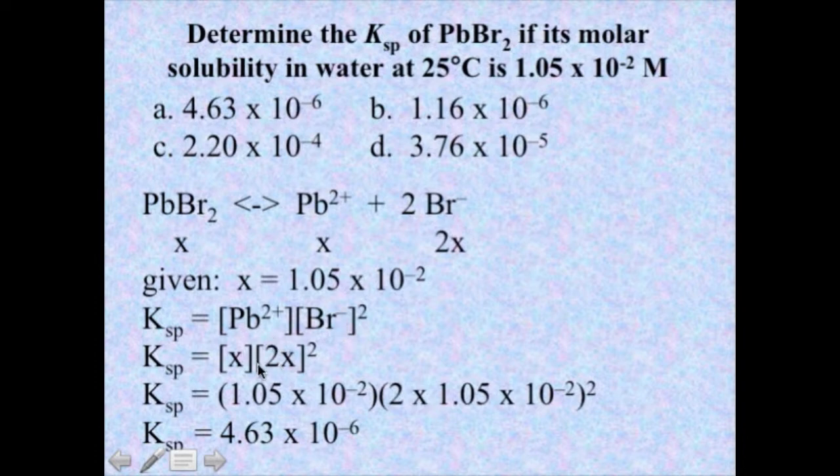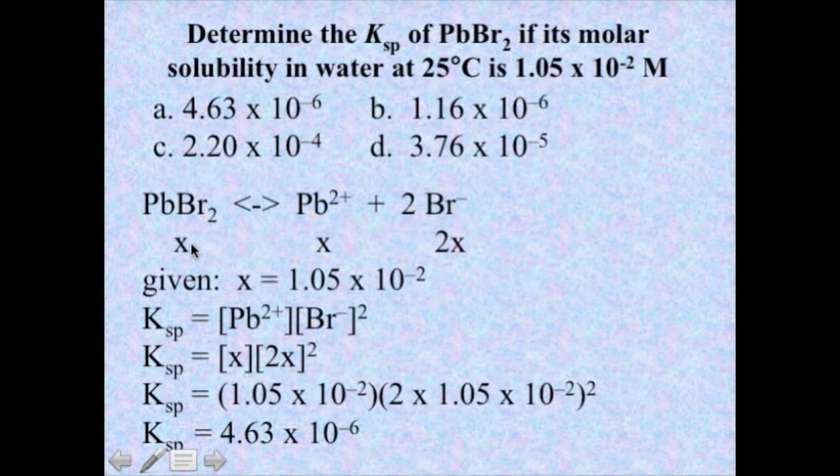It's important to realize where this 2 comes from. It bothers a lot of students and causes a lot of headaches. It comes from the stoichiometry of lead bromide dissolving, because for every 1 mole of lead bromide that dissolves, we get 1 mole of lead ion and 2 moles of bromide ion.